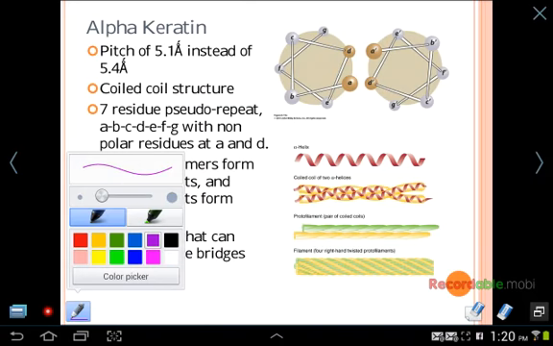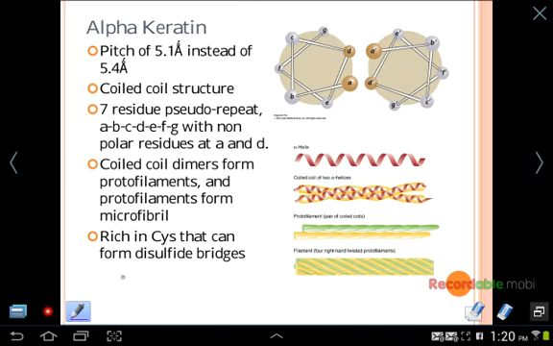All right. So cysteines from neighboring filaments or neighboring peptides, if you want to think about it that way, can form disulfide bridges. If you don't remember this, go back to chapter 4 and read up on how that occurs.